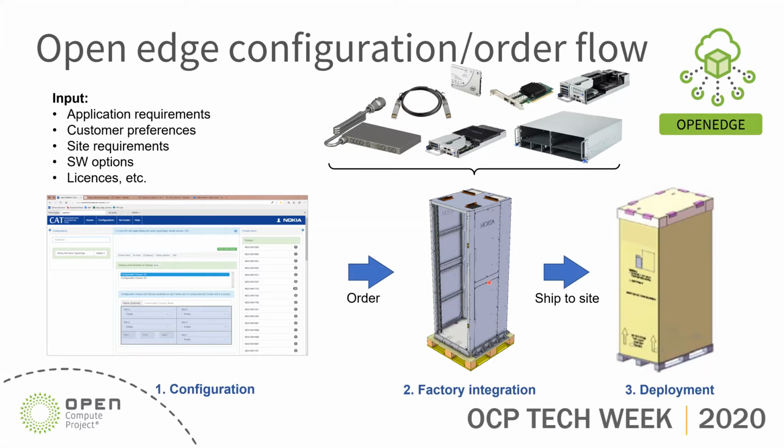Many software options that they would like to have, like data center management, that we are also providing. Licenses, whatever are required to come up with the kind of the entire package. And then I have a picture here showing the Nokia tool that we use for configuring open edge.